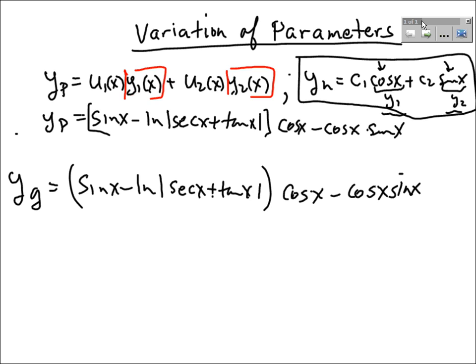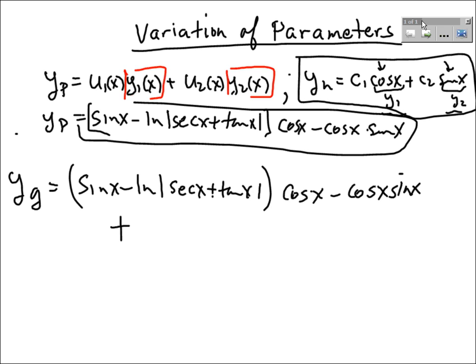If you say, hey, he just copied all of this, you are absolutely right. Plus the homogeneous, which is in this box up here. C1 cosine x plus C2 sine x. Problem's done.